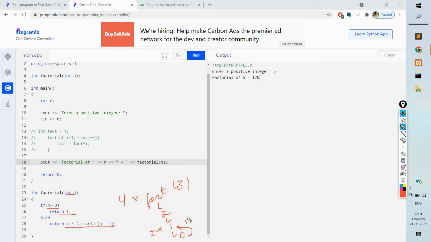In this way it returns 1, then 1 is multiplied by 2, then 2 by 3, then 3 by 4. So here the output is 24.